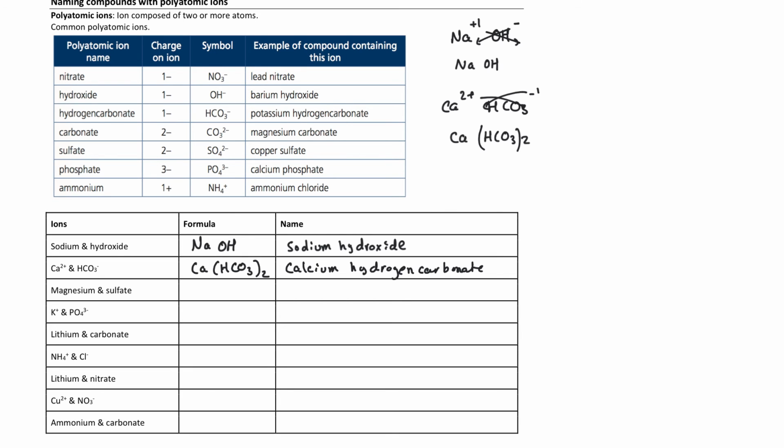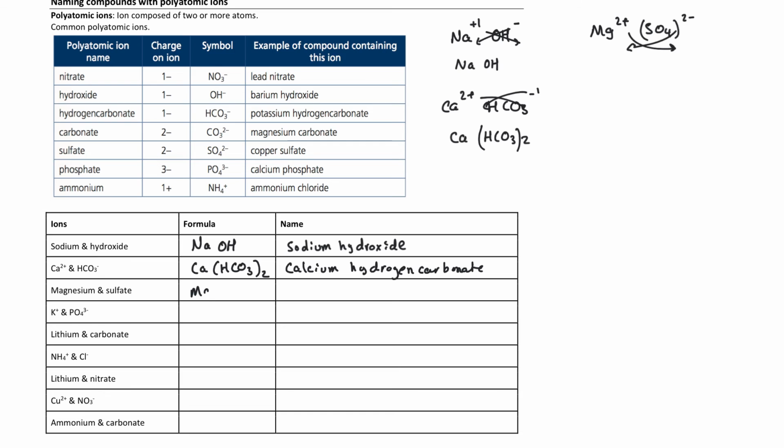So not too bad. Then we're going to do magnesium and sulfate. Magnesium gets the 2+, and I'm looking for sulfate here, and sulfate is SO4 with 2-. Based on our table, we do the same thing, and we get the 2 and 2, and the 2 and 2 are going to simplify to just 1, 1.